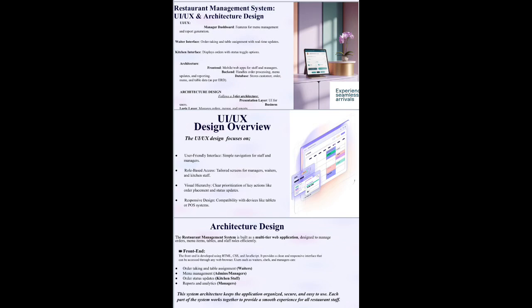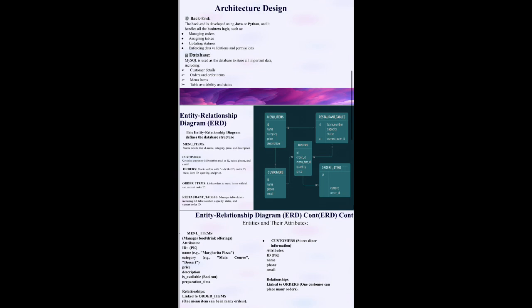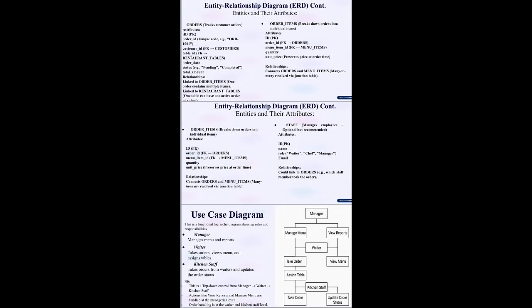Now back to the diagrams. This is the design overview of our user interface, the architecture of the design. We used back end, database, and then front end. These are the entity relationship diagrams, showing how entities relate with the staff and the customers.